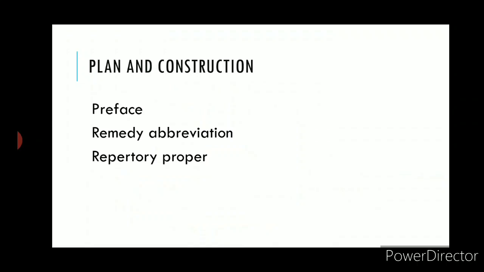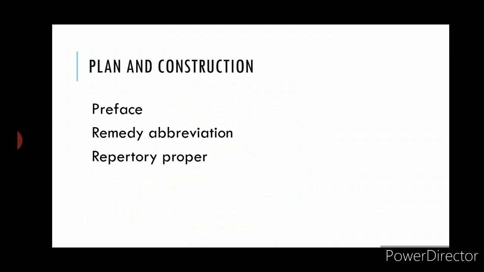In plan and construction, we can divide this repertory into three major parts. First, a preface part, where you will find the explanation regarding the philosophy and arrangement of rubrics by the author and by the publisher. Then there is a section of remedy abbreviations, where you are going to find the list of remedies and their abbreviations.